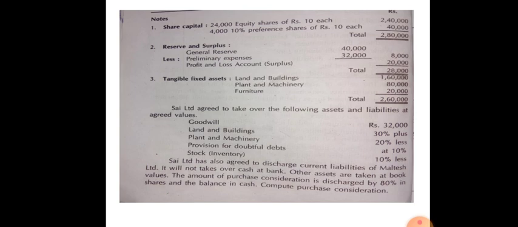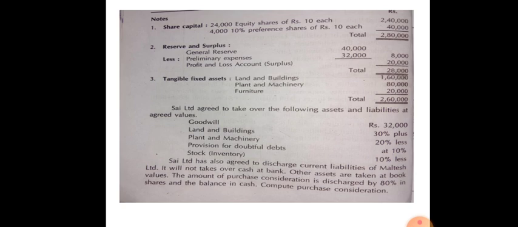Next, plant and machinery is rupees 80,000, and here plant and machinery is 20% less. It means 16,000 we have to minus from this 80,000 for the calculation of the purchase consideration. Next, furniture is 20,000, we have to take it as it is.